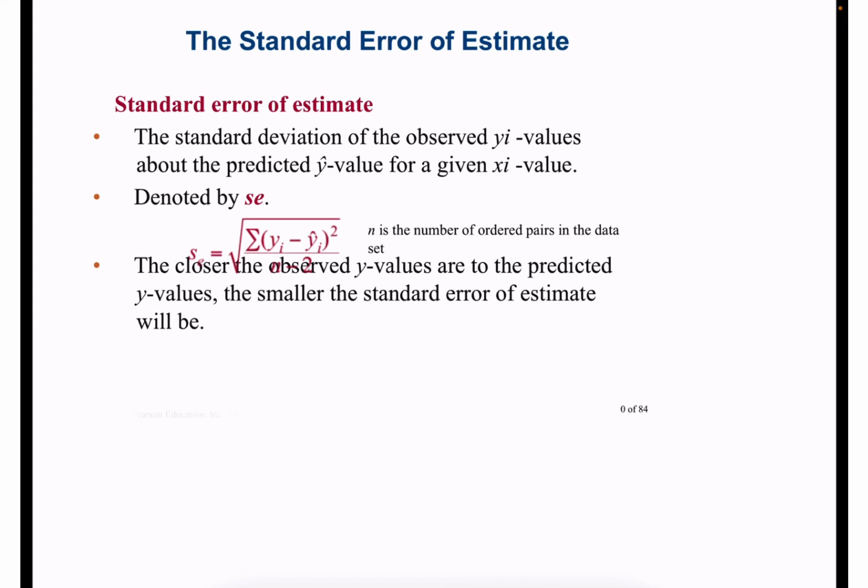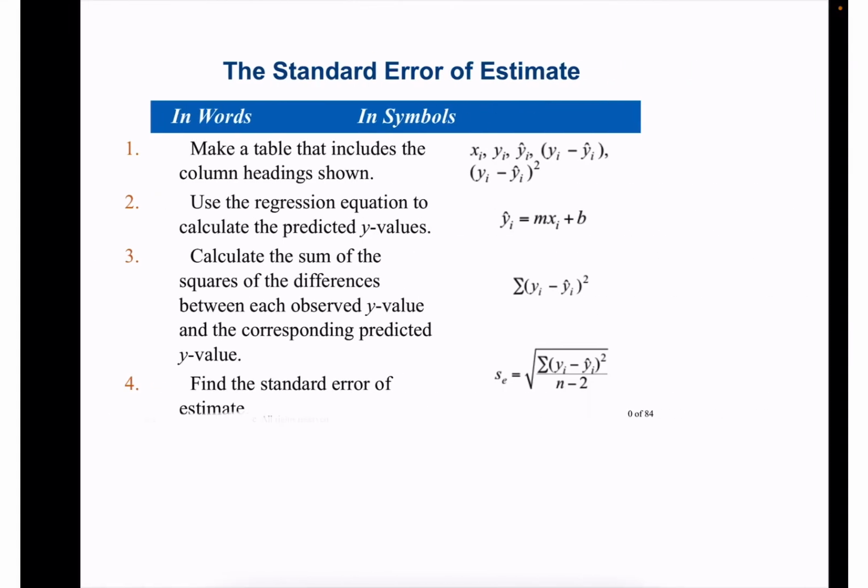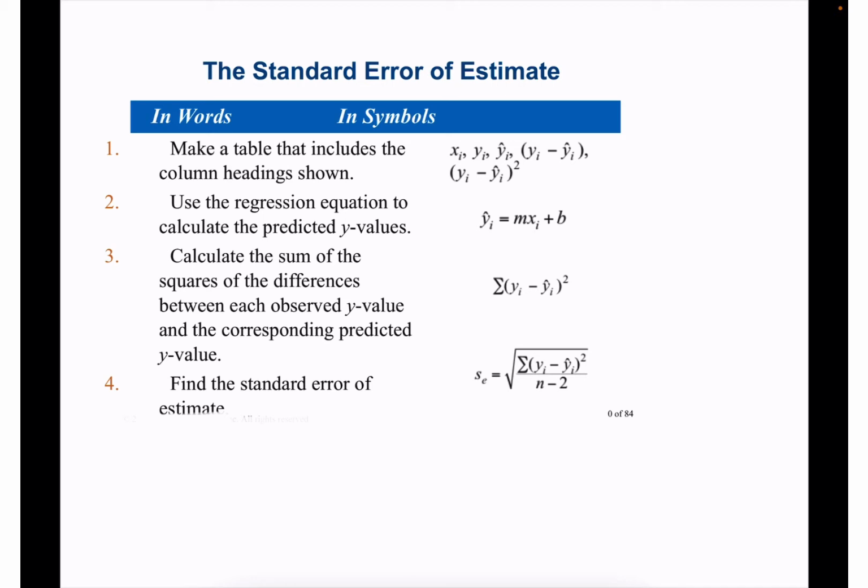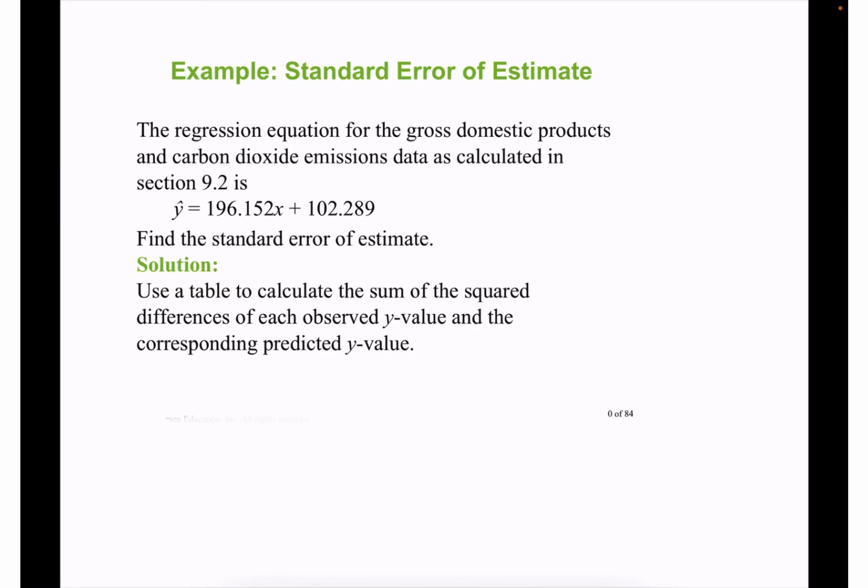So the closer the observed values are to the predicted y value, the smaller the standard error is. It's just like guessing. The better you guess, the less error is going to be, right? Okay. So here is the calculation of standard error, and we will use it in the example.